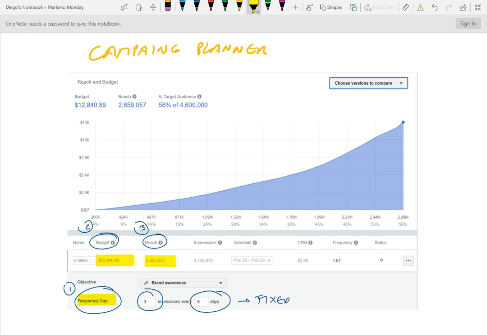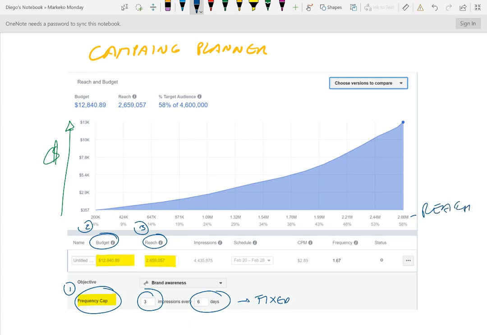And what Facebook will do is show a graph of the number of people that you're reaching, or basically the percentage of people, and also the budget with regards to how much money you're going to have to spend depending on the reach that you're trying to have within the audience.